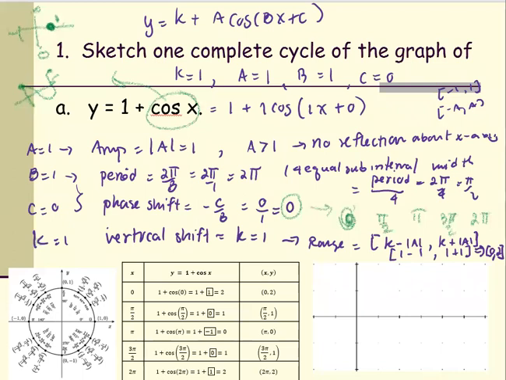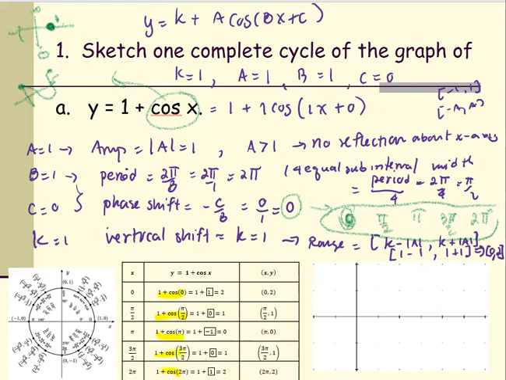To complete the table, after you identify the 5 key positions, 0, pi over 2, pi, 3 pi over 2, and 2 pi, rewrite the function as 1 plus cosine at 0, 1 plus cosine at pi over 2, and so forth.